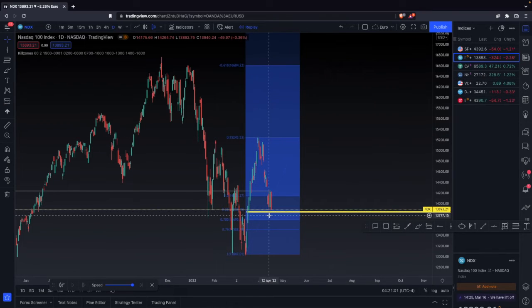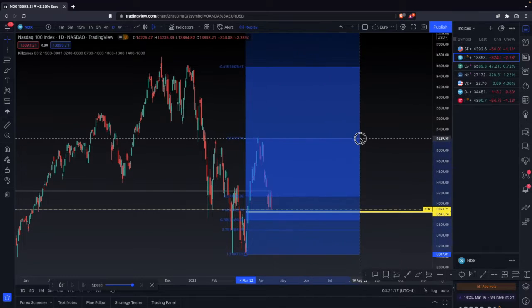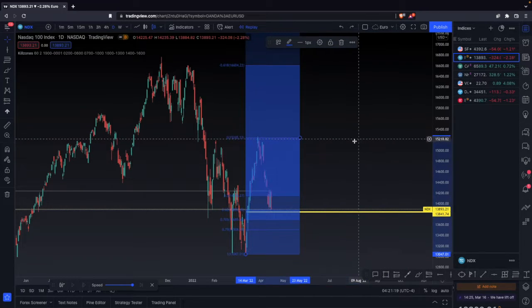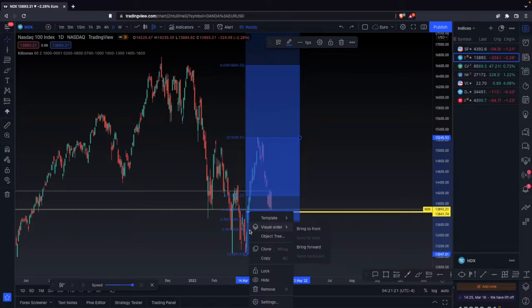NASDAQ, we pushed down to the 62 level on the fib. So we're going to see if we can get a bounce. We don't have to. We can continue pushing lower, maybe even push down into this area, as we have another one here. All right, we have another area here, and that agrees with that 79 fib level. What is that price? I can't see it. I'm going to make this a different color while I'm here, actually.